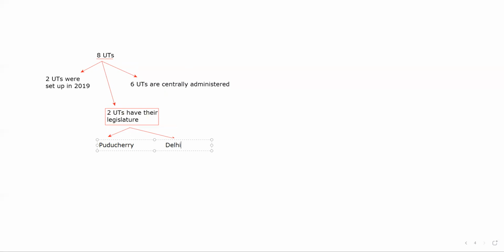As far as Puducherry is concerned, the legislature of Puducherry was established in 1962 by the Pondicherry Administration Act.